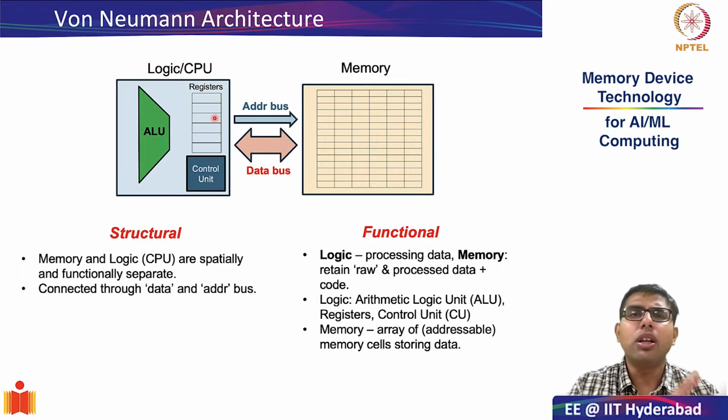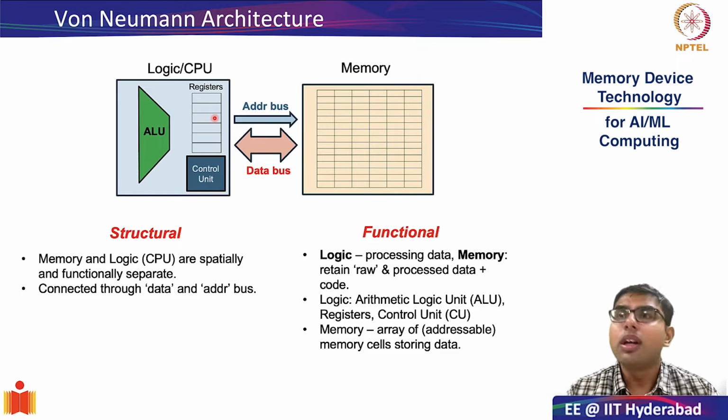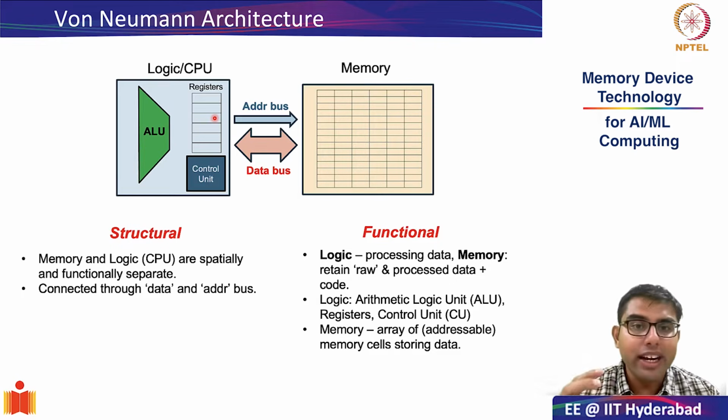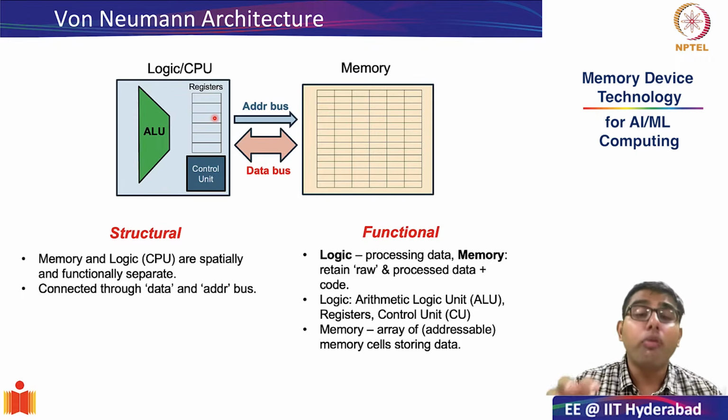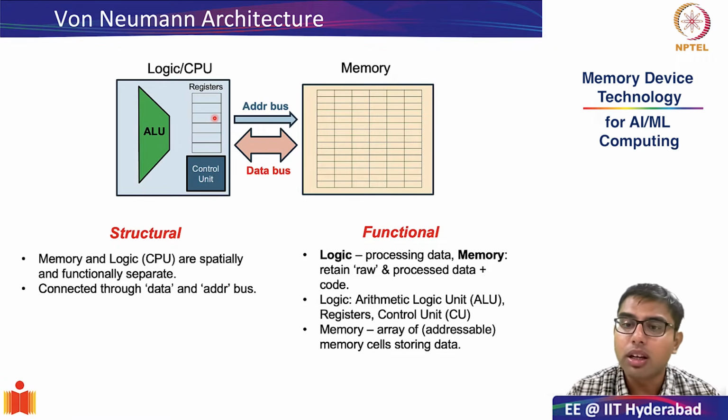It will contain the most recent data which is required by the ALU or which is pushed out by the ALU. As you can understand, there is a lot of data movement and data processing happening within the logic and from the logic to the memory. All of this is facilitated or synchronized by the control unit.